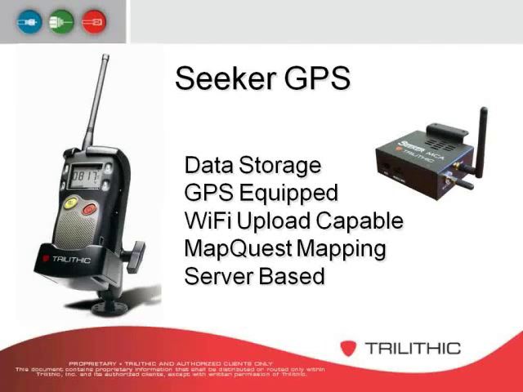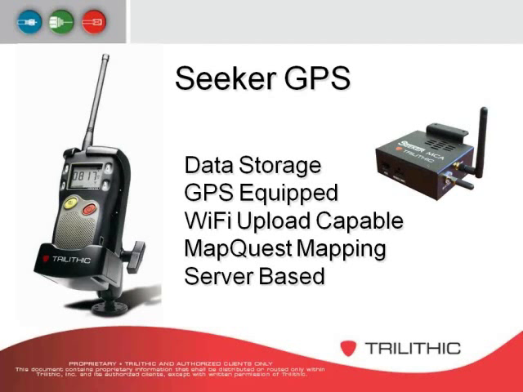And we do that with what's called Seeker GPS. What Seeker GPS does is it stores the data on the MCA, which is at the upper right. It's equipped with GPS, so whenever you're driving out your signal leaks, it's going to put GPS coordinates to it so you know exactly where the leak came from.